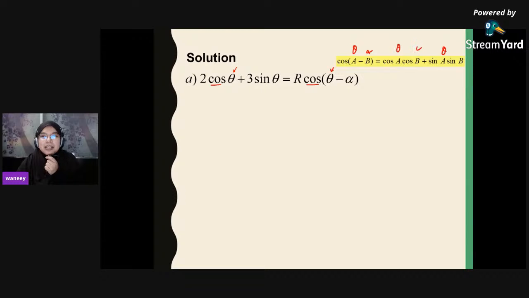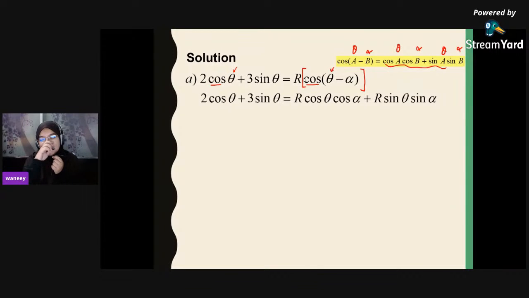The B is alpha. And then, of course, we're going to times everything with r. So you simply times them with r. So expand them. It will give you r cos theta cos alpha plus r sin theta sin alpha.